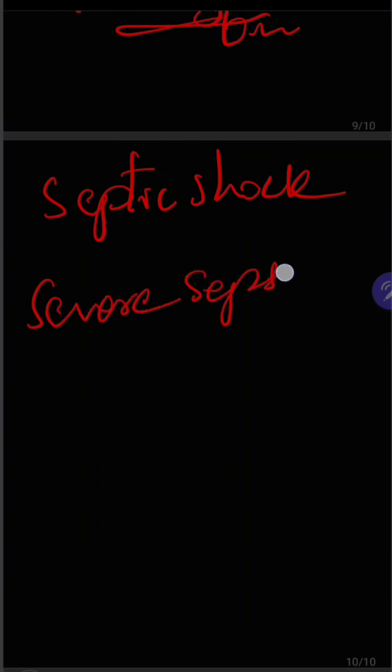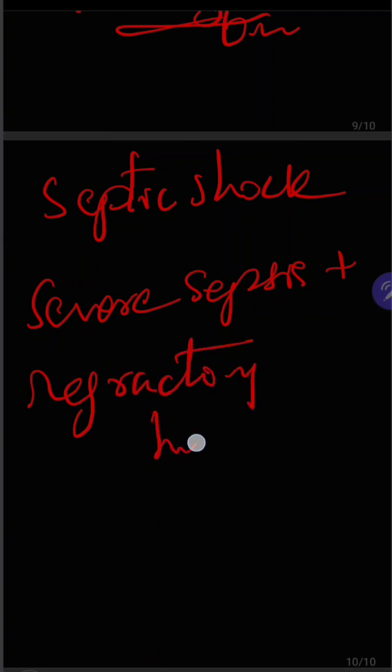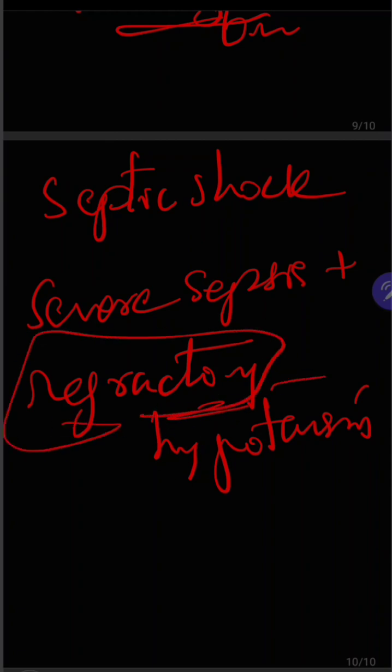And then what is septic shock? Septic shock is severe sepsis plus refractory hypotension. So what is refractory? The patient has 103 fever and the BP is 80/60. You have given a 1 liter bolus.